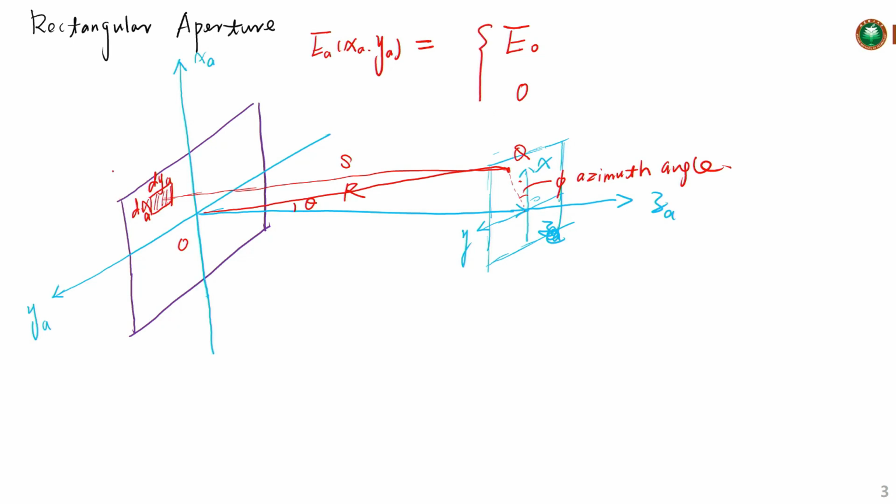This length is Ly, and this length we name Lx. So it equals E naught when xa is larger than minus half Lx and smaller than half Lx, and ya is larger than minus half Ly and smaller than half Ly.